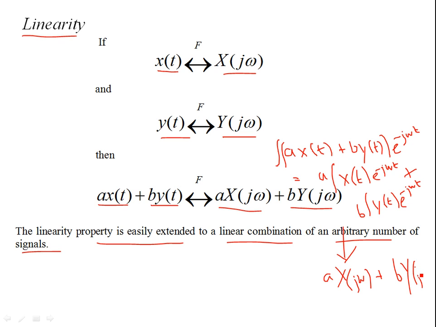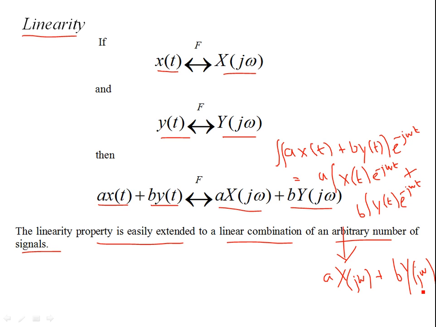This property is very similar to that of Fourier series, in which if you have two periodic signals x(t) and y(t) and represent them in terms of Fourier series expansions, if you add them up, the Fourier coefficients are just the linear combination of the respective Fourier series coefficients of x(t) and y(t).